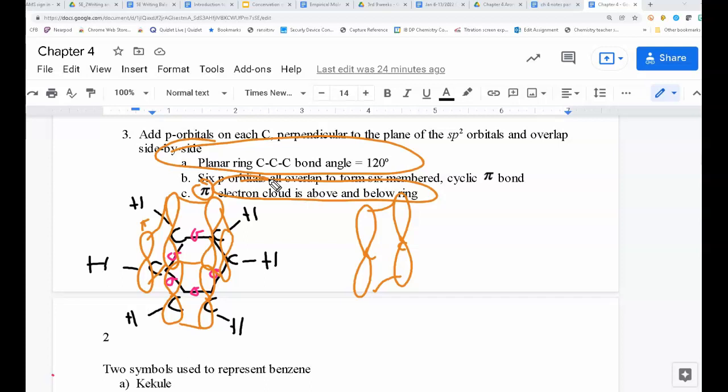And I know I made a giant mess of it, but that's what we need to be able to understand. And when we are making reactions happen with benzene, those reactions are going to happen by breaking the pi bond, not by breaking the sigma bond. And I know we've talked about how the pi bond is easier to break than the sigma bond is.